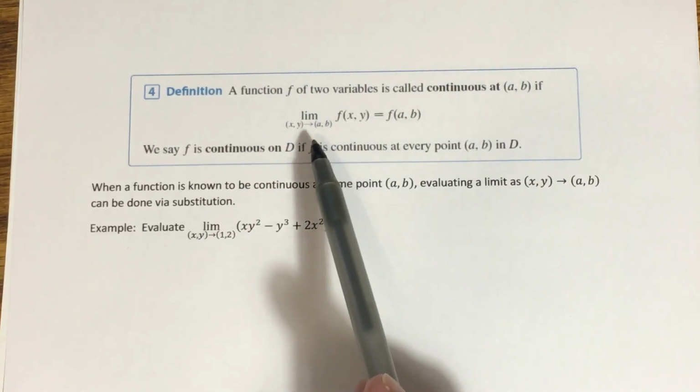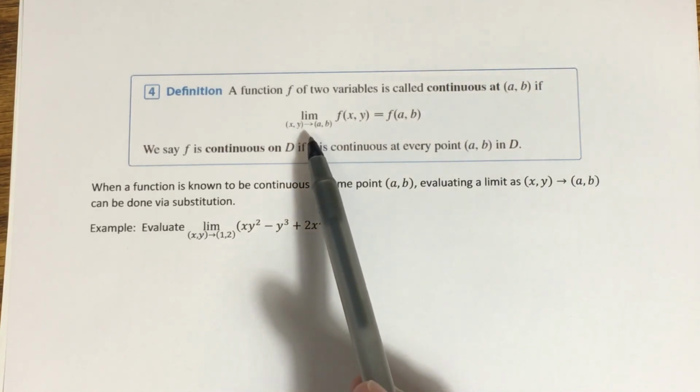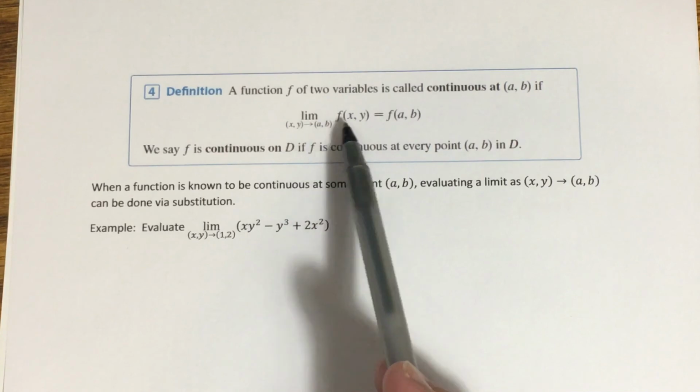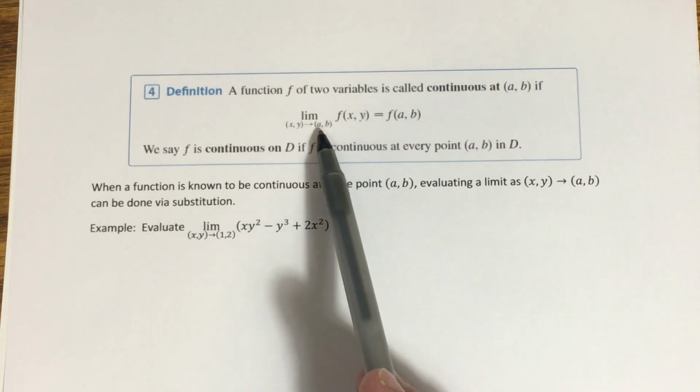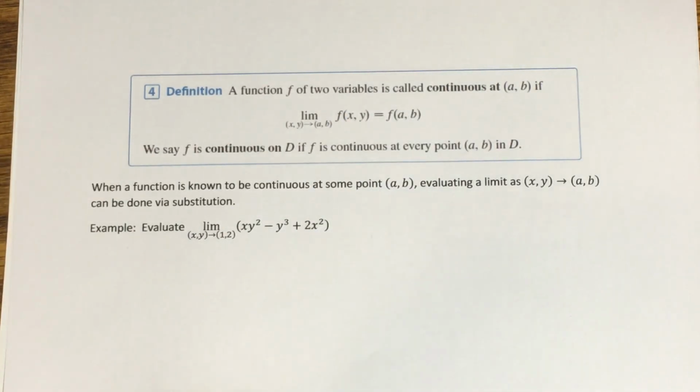Again, this is how we think of continuity in a single variable case. It basically says that the limit of a function at a particular point, first of all, exists, but it's equal to the same thing that we would have gotten by substituting this point in directly.